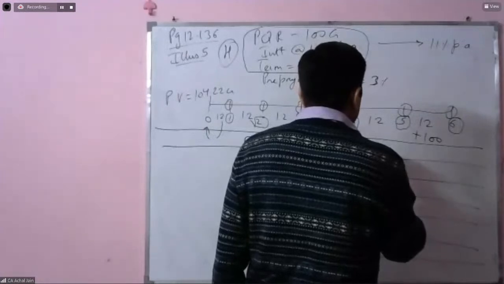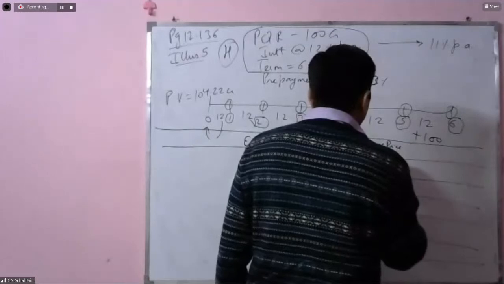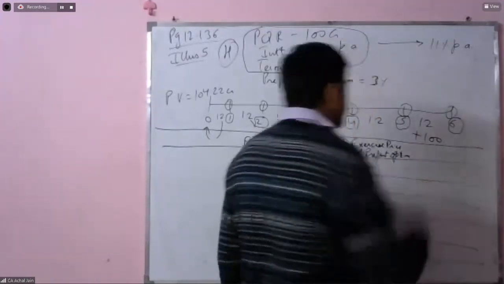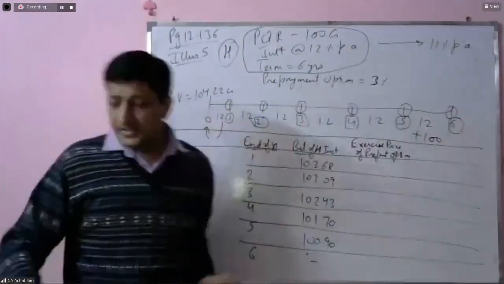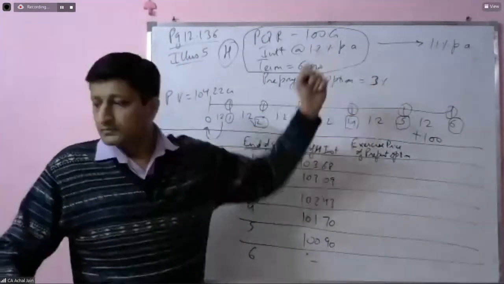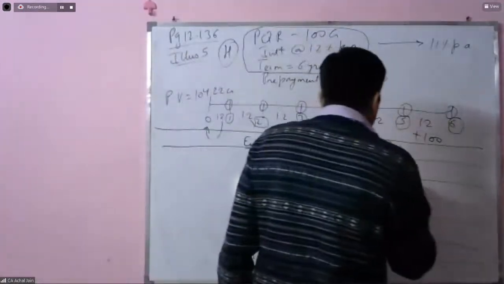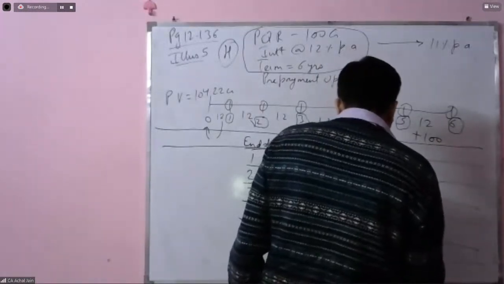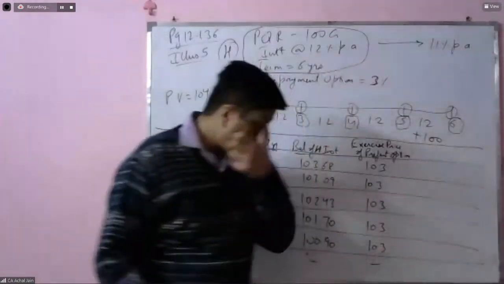What's the exercise price of the prepayment option? 3% is the penalty amount, on the principal. So 103, 103, 103, 103, 103, but at the end of the 6th year it will become nil.